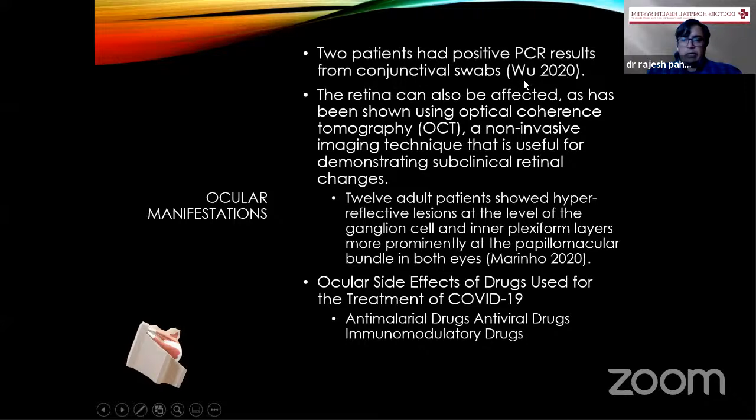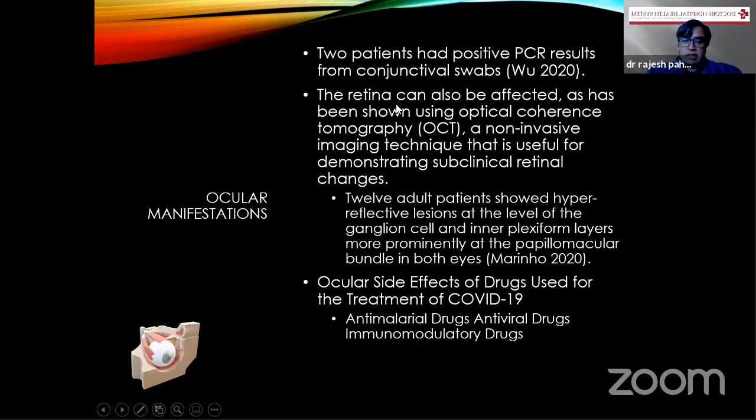Also, a study by Wu described positive PCR results from the conjunctival swab. So we still don't know, but it's possible that the virus is excreted by the conjunctiva as well.